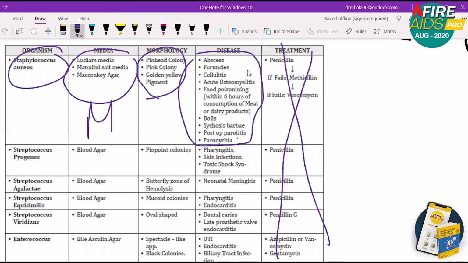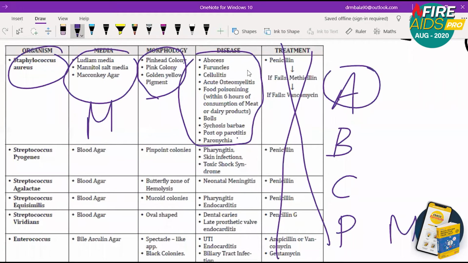The mnemonic is A, B, C, Prime Minister, PM. So A is for aureus, Staphylococcus aureus. A is for abscess. Any abscess, you have to remember Staphylococcus aureus.